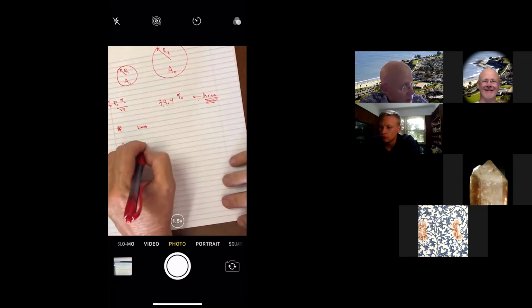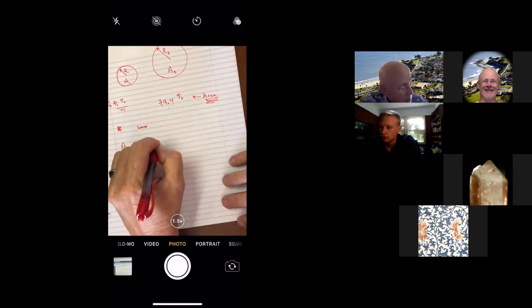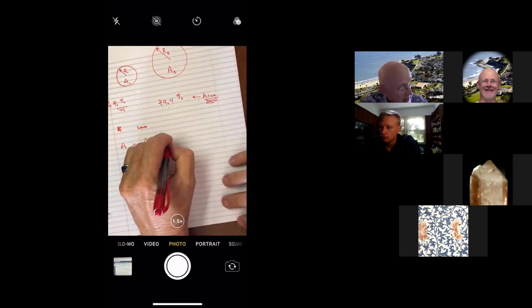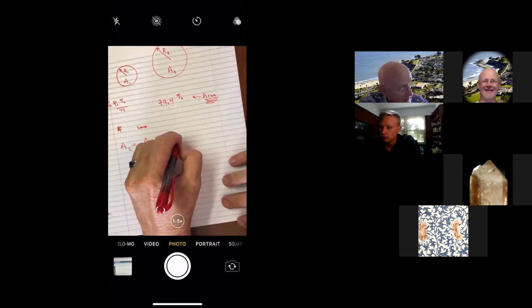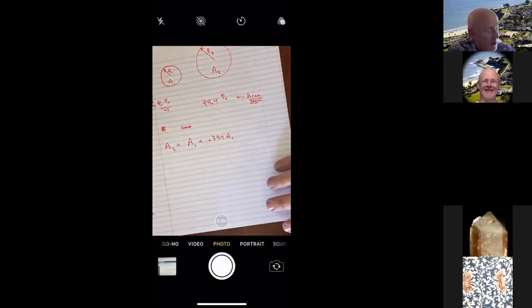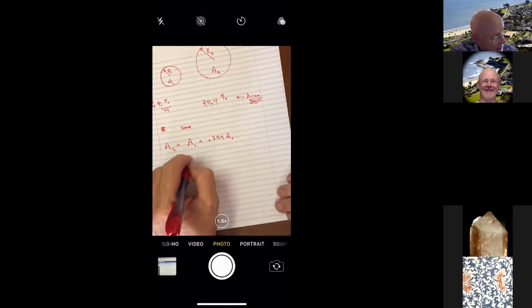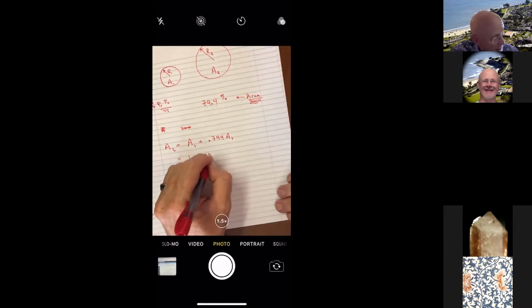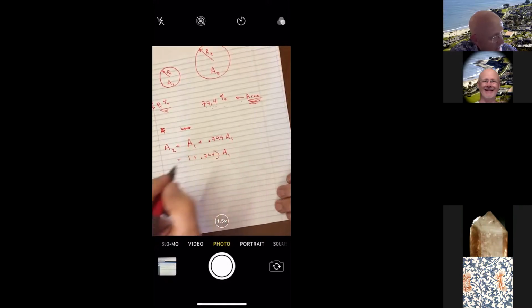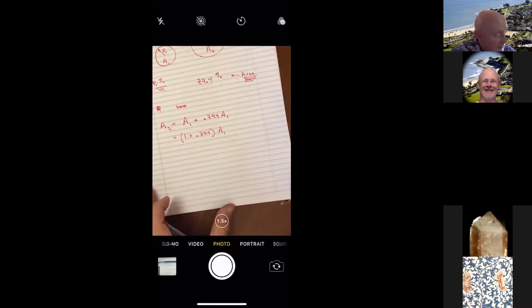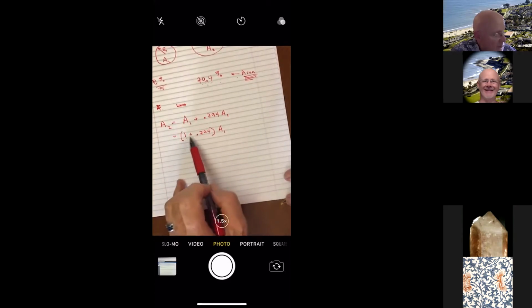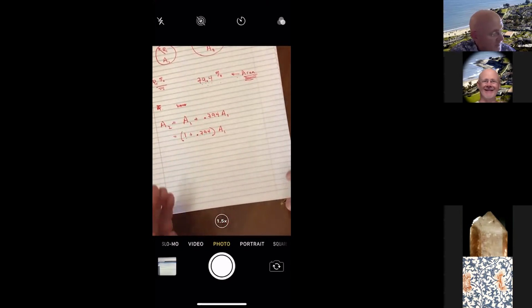So in other words, area 2 would be area 1 plus 79.4% of area 1. Does that make sense? Yes. So if you factor out area 1, you get that. And that would be, I think you were reading something about 1 plus the bigger factor. Yeah, I said the scaling factor equals 1 plus PR over 100. Okay.